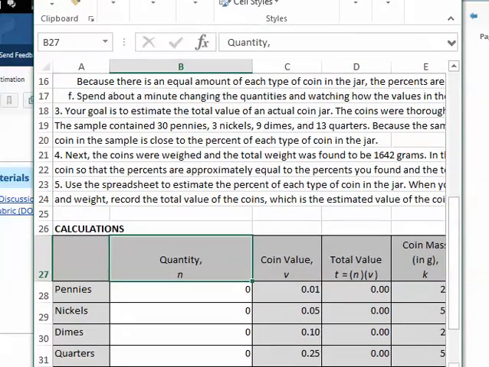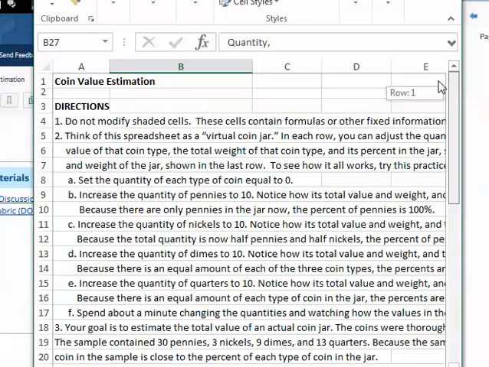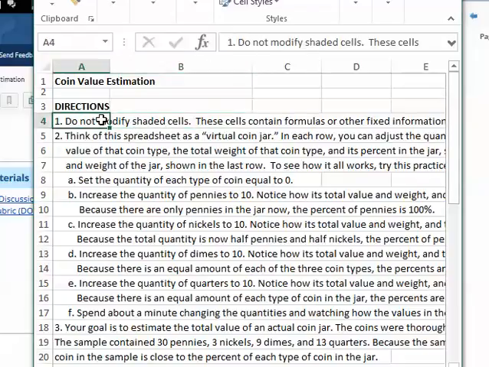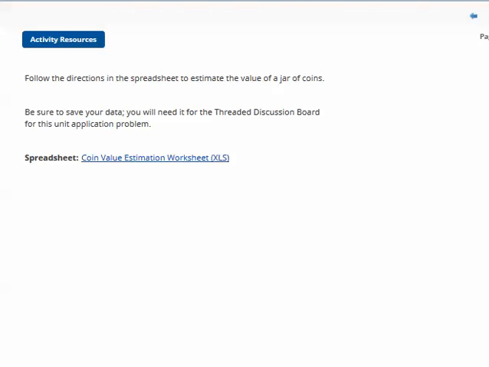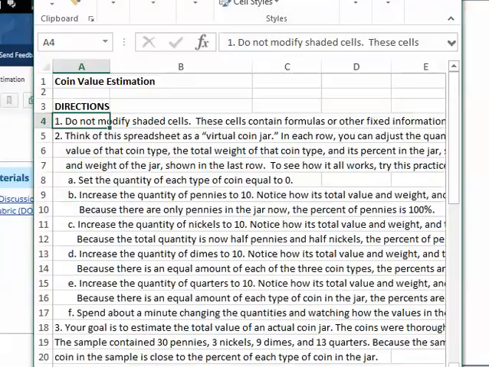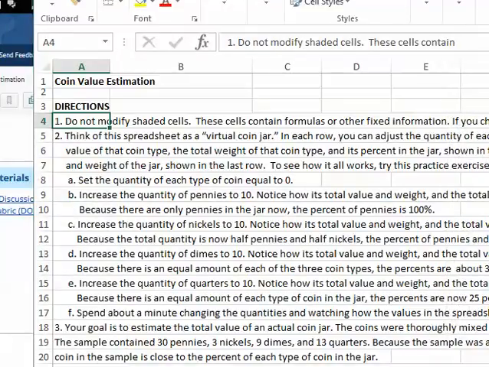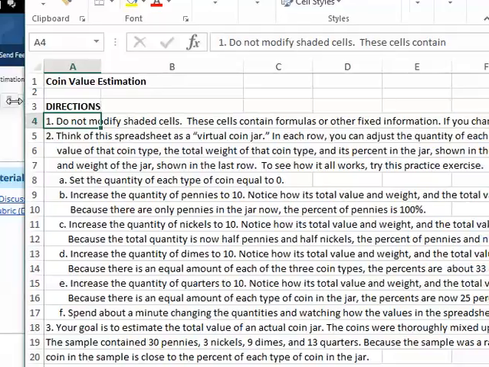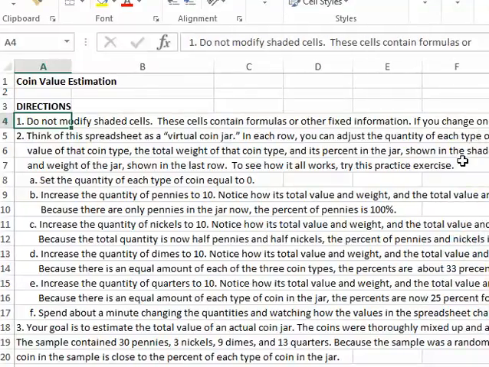Starting at the top here, it says directions. Do not modify the shaded cells. These cells contain formulas or other fixed information that needs to be there. When I try to do things, it sometimes gets a little bit wonky on me. I'm trying to expand this just a little bit so you can read all the instructions.